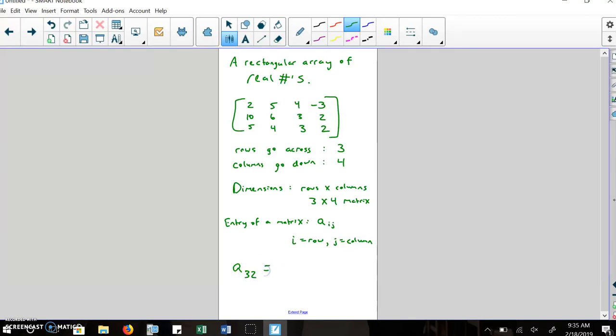What this means is we want the entry that's in the 3rd row in the 2nd column. So if we go 1, 2, 3 rows, 2nd column, we would see that's a 4. Okay, if I ask something like what's A sub 2, 4, that means what entry is in the 2nd row in the 4th column. If I come over here, I see that that's a 2. All right, so there's just some very, very basic things about a matrix.